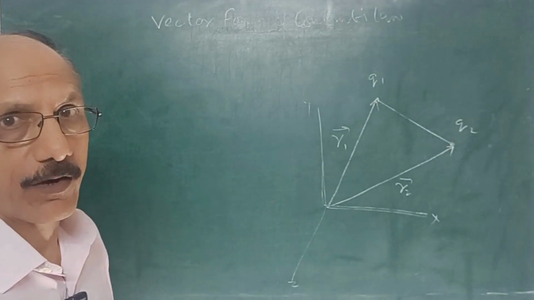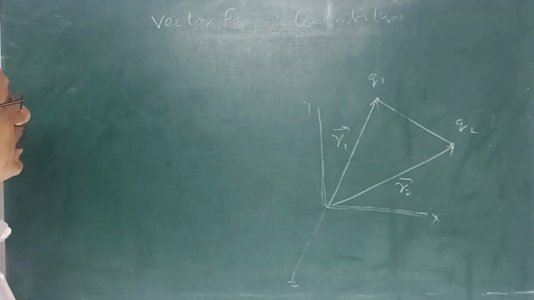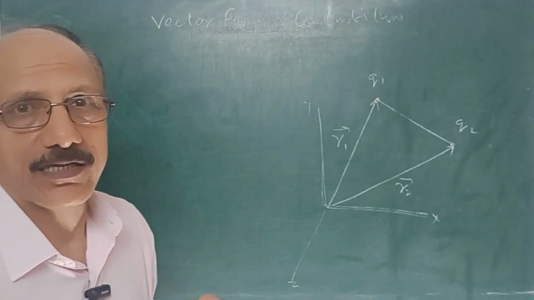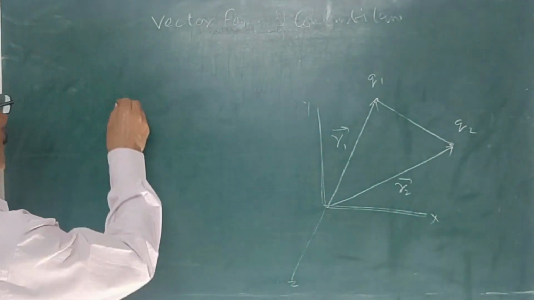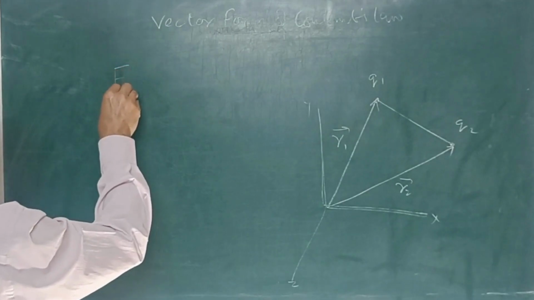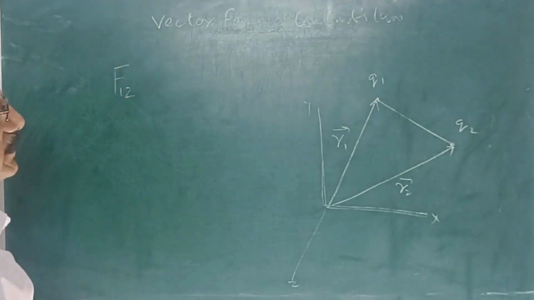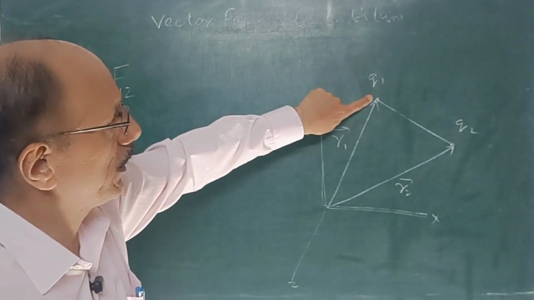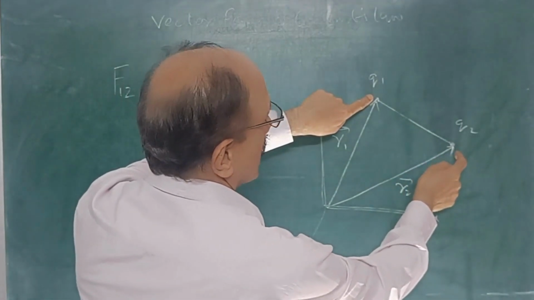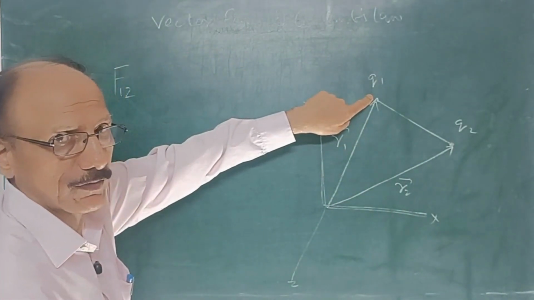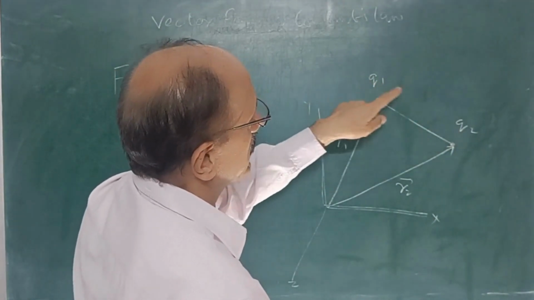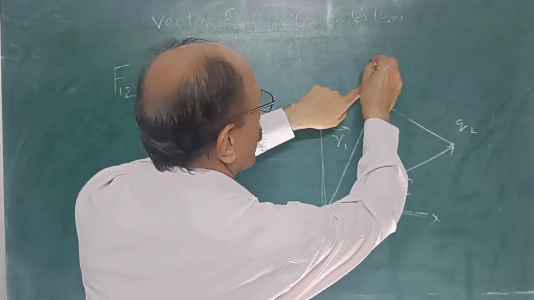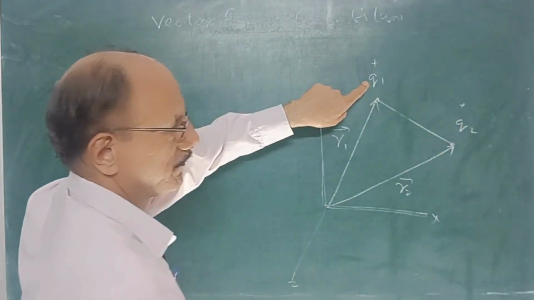That cannot be obtained unless you decide force on which charge. That means if you decide the force on one due to the second charge, that is, the force on Q1 due to Q2, then we will be able to get the direction. Since no sign is mentioned here, this is positive and this is also positive.